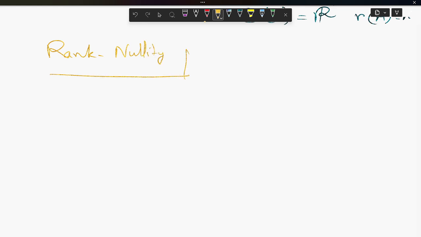In this, the rank of A plus the nullity of A equals the number of columns, which is m here. Here the rank of A is the dimension of the column space and the nullity of A is the dimension of the null space. Now we are going to analyze the statements.